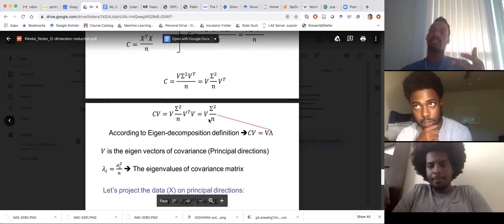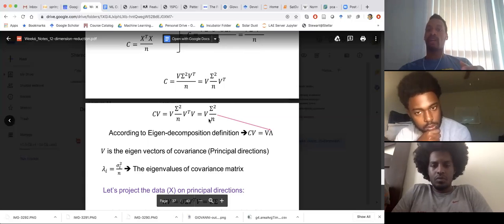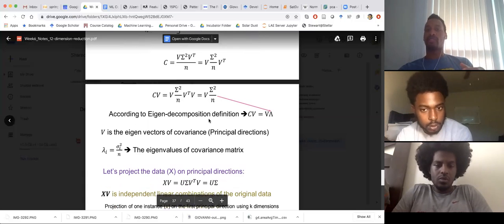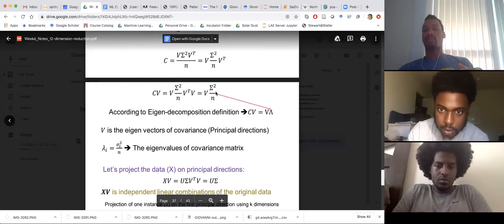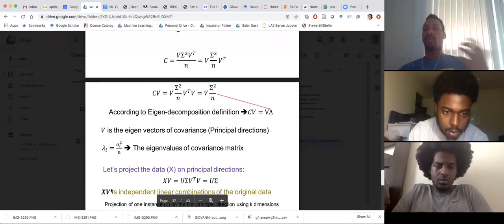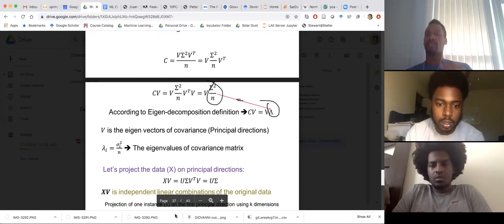This is just rearranging things to show you that if you look at how this shakes out and you multiply both sides by V, you'll see that this actually solves our problem. This V is going to be the principal directions that we care about. The vectors inside the matrix V are going to be our principal component directions.